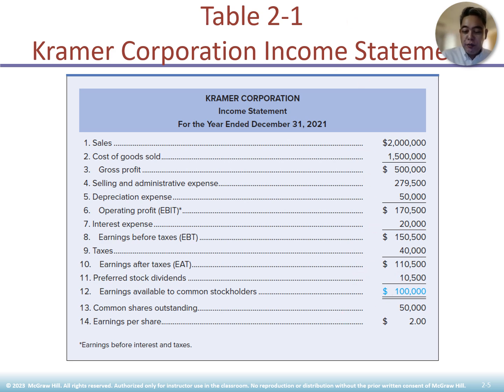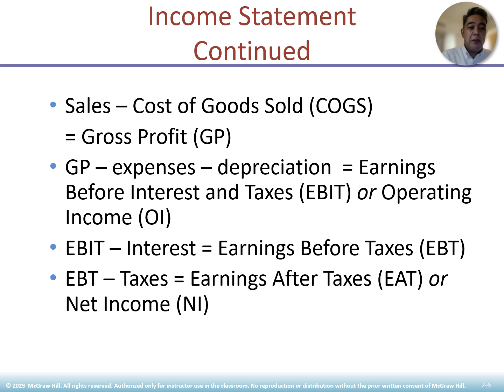Now, let's go to the next page. It's a recap of the importance of the gross profit, which is sales minus cost of goods sold, and then here is the EBIT. EBIT is earnings before interest and taxes. That's the gross profit from here, minus the operating expenses, selling and admin, and also the depreciation.